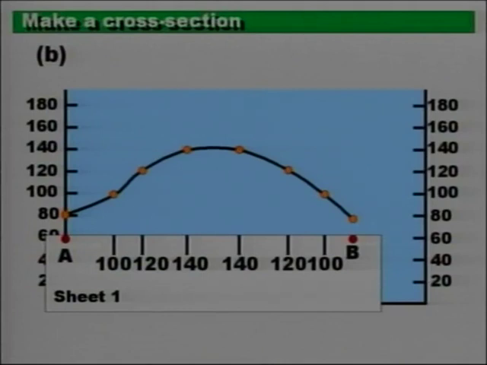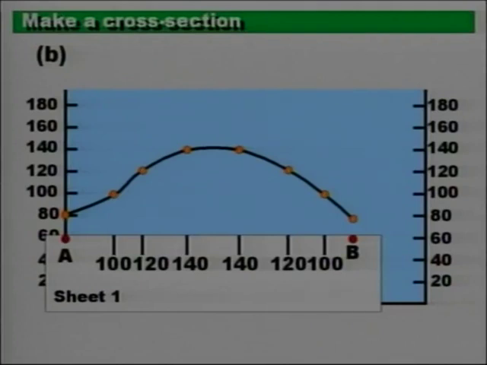So if you look at the 4 constructions now of the cross sections, you look at the first one, B. If you're looking at the cross section B, the question read, are the 2 points A to B intervisible? Our answer should be no. In other words, for that cross section B, A to B are not intervisible.